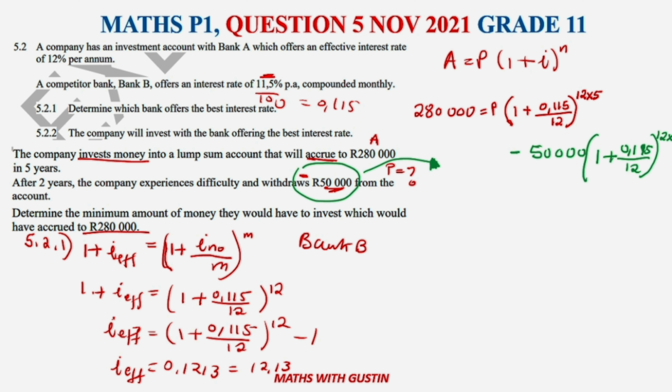I'm going to draw a timeline for you to make sure that you guys fully understand. Okay, I'm going to draw a timeline here. Here's my timeline here. I think we did timelines in grade 10. All right, great stuff. So this is year 1, 2, 3, 4, therefore 5.